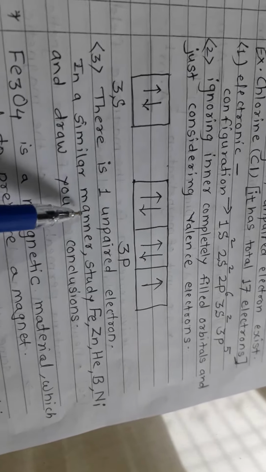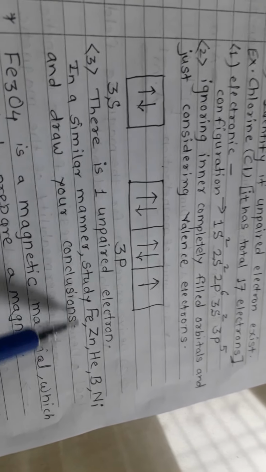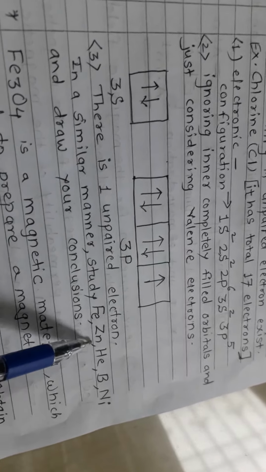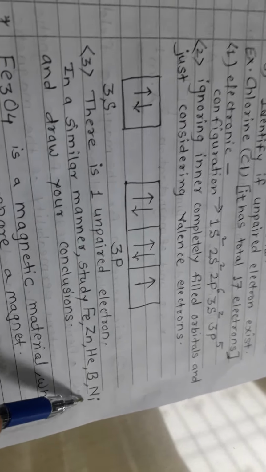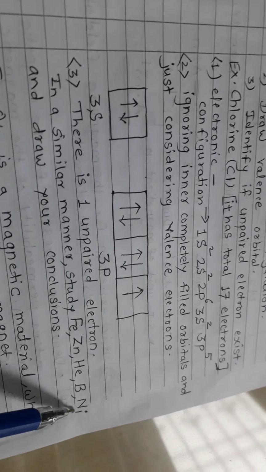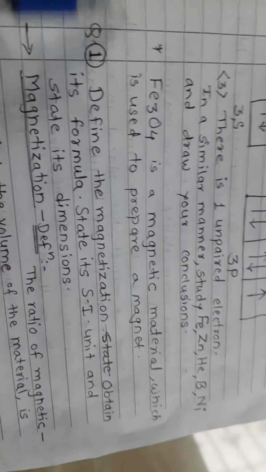In a similar manner, study Fe, Zn, He, B and Ni, that is iron, zinc, helium, boron and nickel, and draw your conclusions.